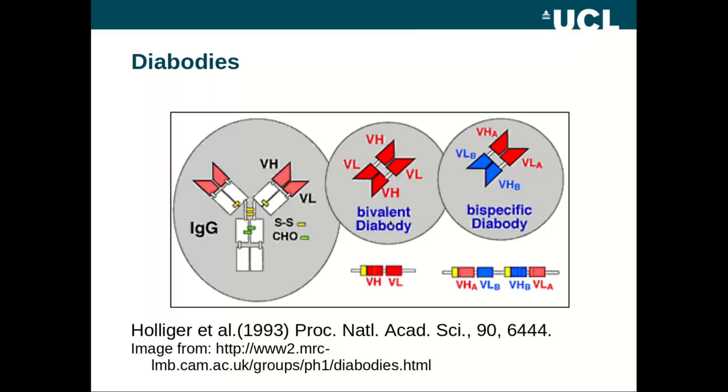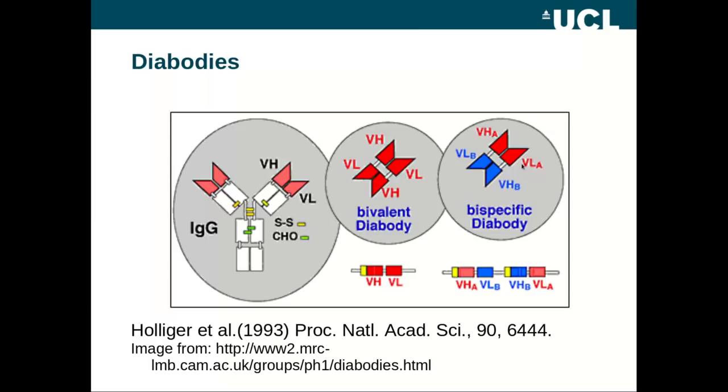Now, if you play around a little bit with the DNA that encodes this, such that you have the VH of one antibody followed by the VL of another, and then the VH of the second antibody followed by the VL of the first antibody, and these are two separate genes that you're providing, you end up producing something that looks like this.